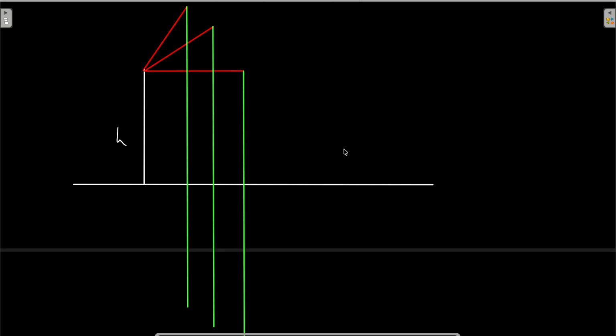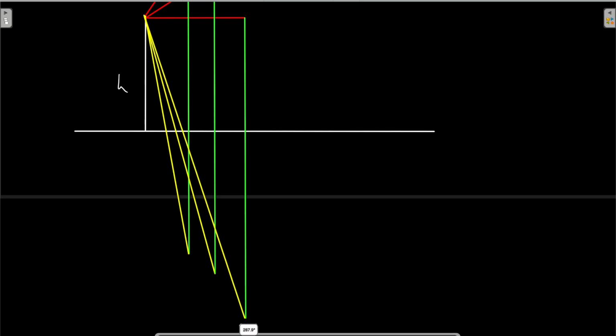Now we'll draw the corresponding final velocity vector for each one of them. That is along this one. The other one is this one, and the final one is this one. Now you can see, I'll zoom it.